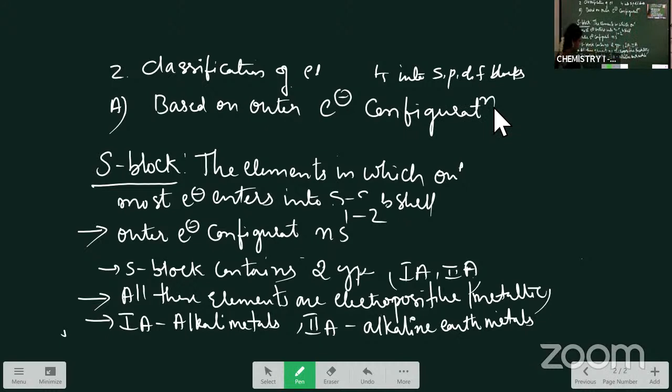The students, the next is P block elements. How do you define P block elements?